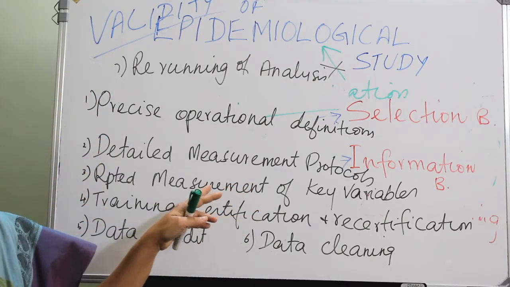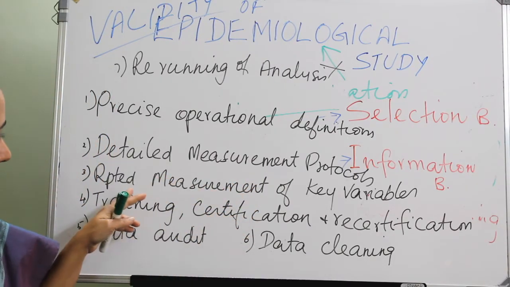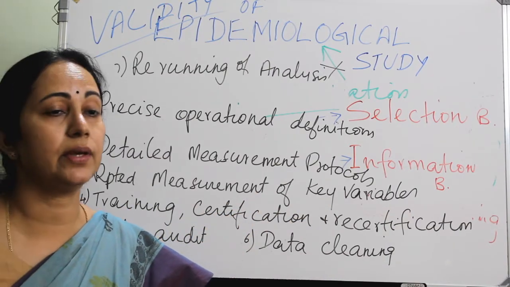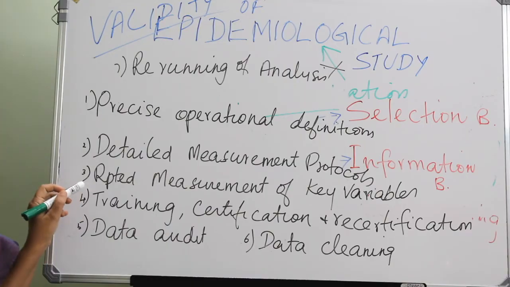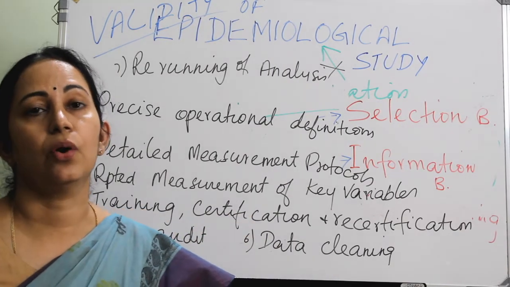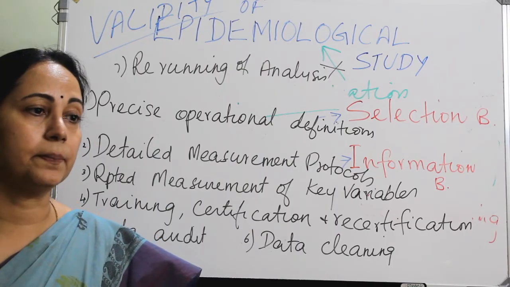The measurement protocol should be very definite and detailed. Then repeated measurement of key variables: if there is a key variable, it should be repeatedly measured. And training, certification and recertification of data entry persons.